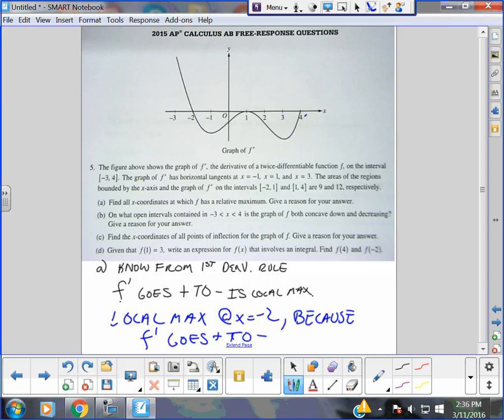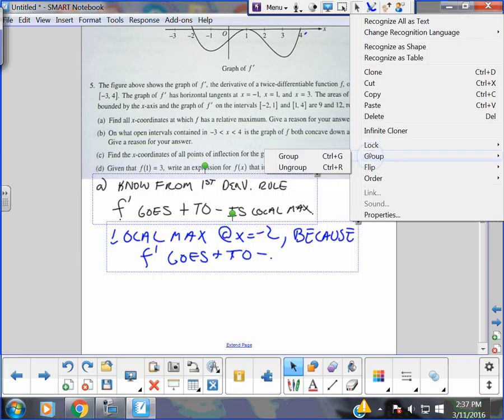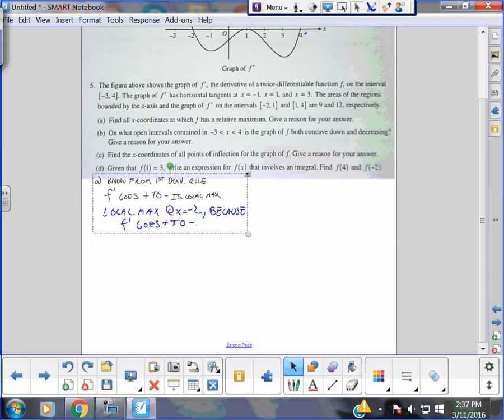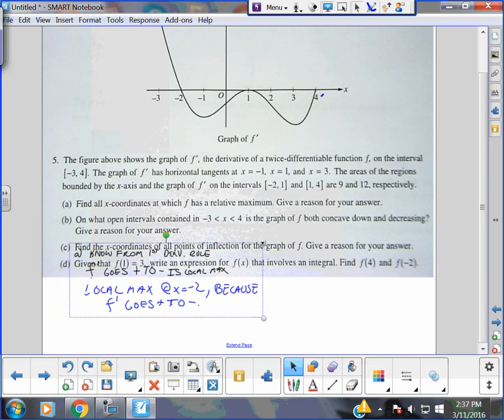Everybody, that was 2 points on the AP: the position and the reason. Most of us got that, and that's good. It's the fundamental theorem of calculus; we are just looking at the value.